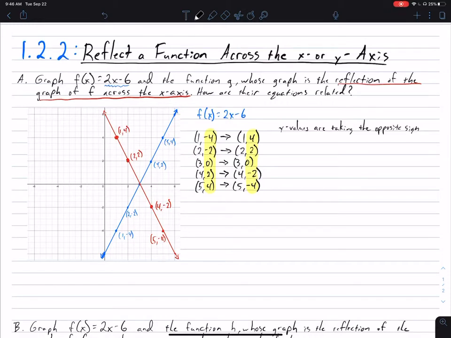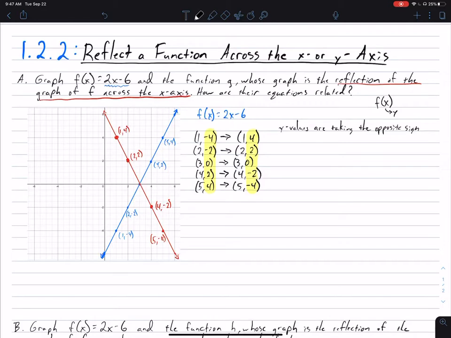Now, the y values are the ones that are changing. This is important. You've probably heard mentioned somewhere before, and you can keep this in your mind, that a lot of times the statement f of x is basically your y value. So here, my y values are taking the opposite signs. That means my f of x is taking the opposite sign. That means your entire function is being changed to a negative number.